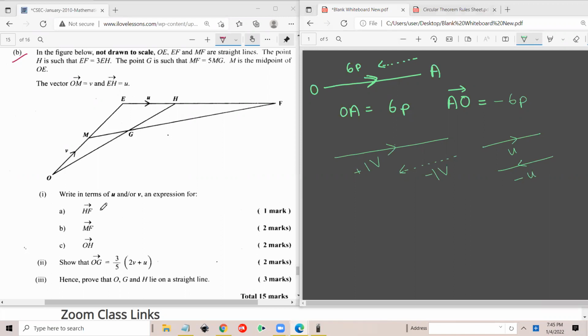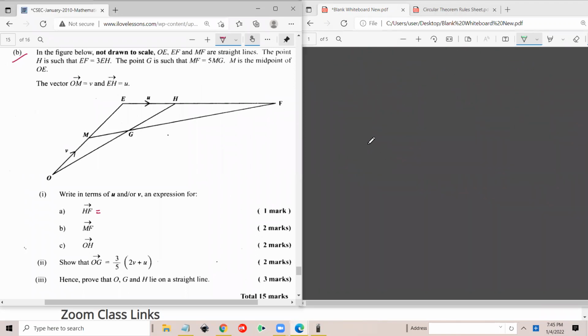Part A, HF. You think you all could do that one for me? How much is HF? Well, most likely you're going to get confused with this question, right? But just take a try, and if you get it wrong, you get it wrong. If you're lost, just let me know you're completely lost. Haley, correct. Cassidy, try again.